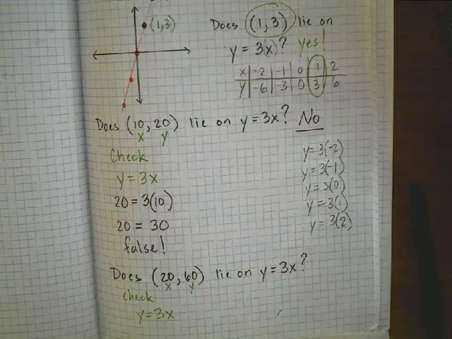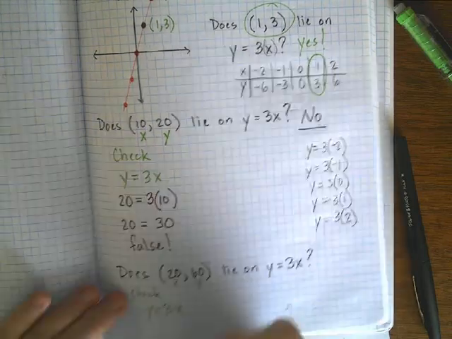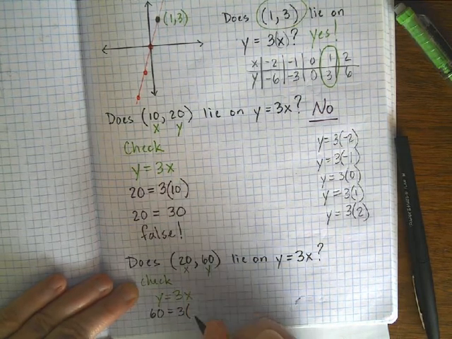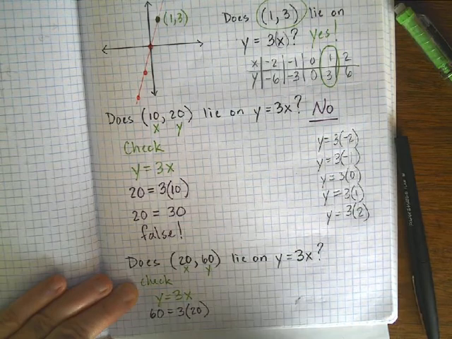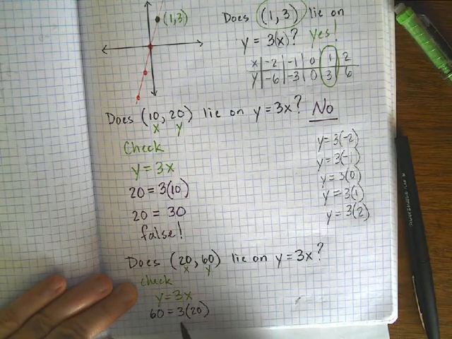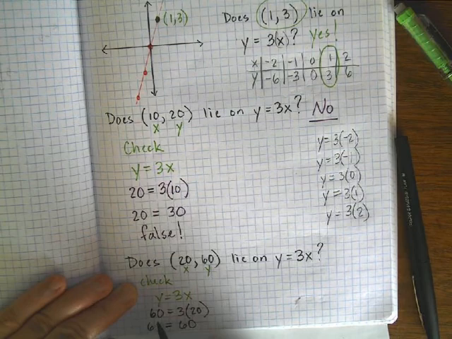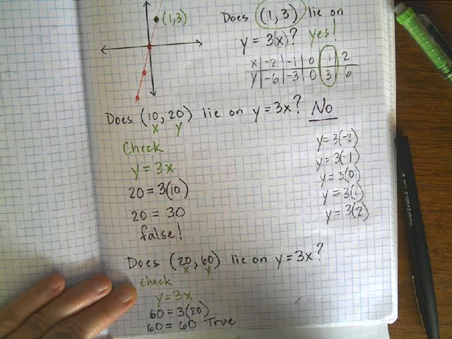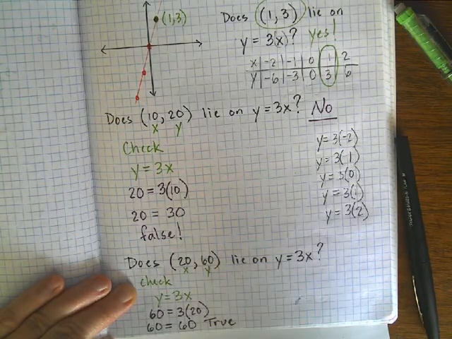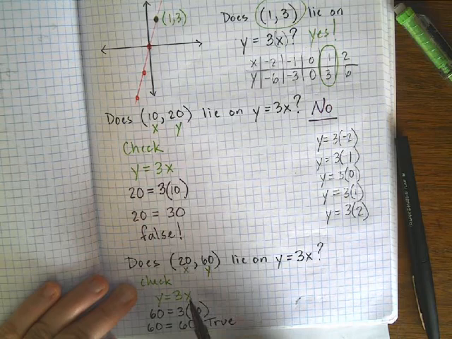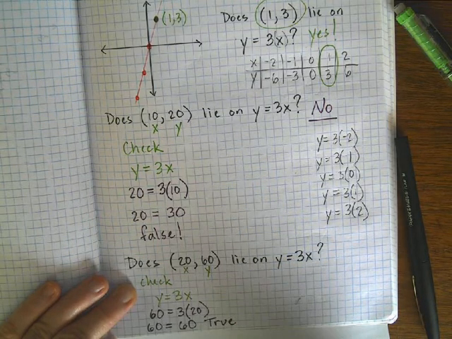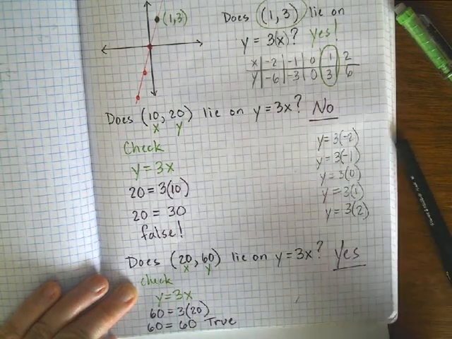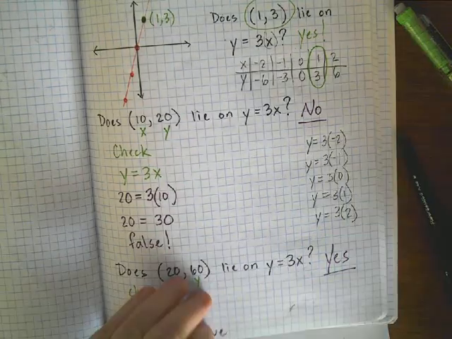I'm going to switch colors again. 60 equals 3 times x. What's x? X is 20. Okay, what's 3 times 20? 3 times 20 is 60. Does 60 equal 60? Yes, this is true. So, does this point lie on this line? Yes, because when I put in 20 for x, I get 60. Yes, it works.